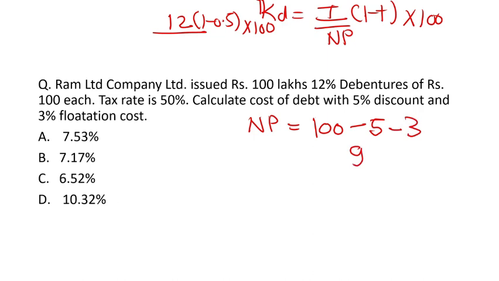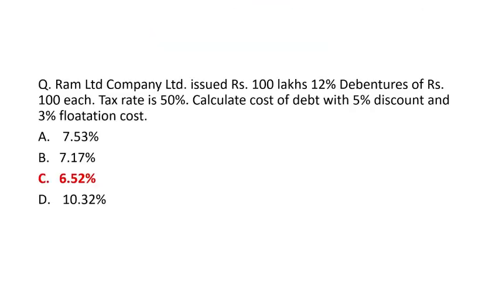After reducing 8 from 100, you will get 92. This 92 is your net proceeds. After solving this equation, you will get the answer 6.52%. Okay, 6.52% is the right answer.